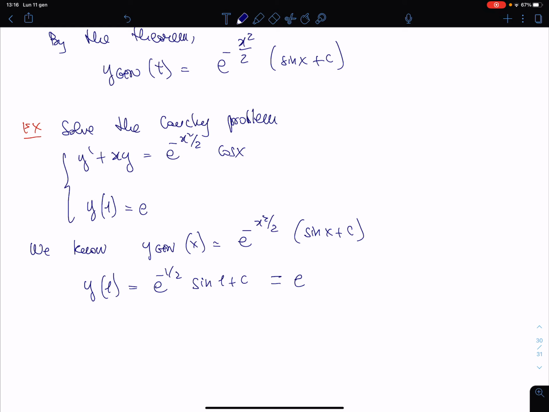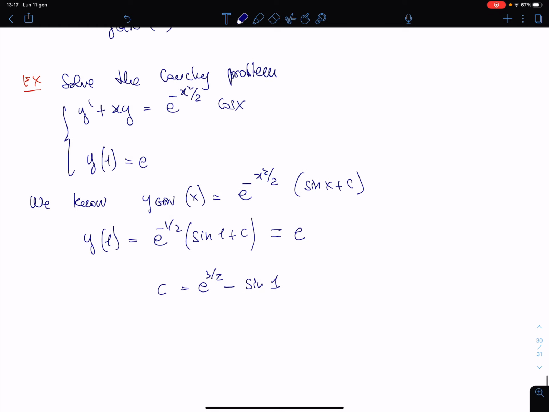So we have that c is equal to e to the power 3/2 minus sine of 1.